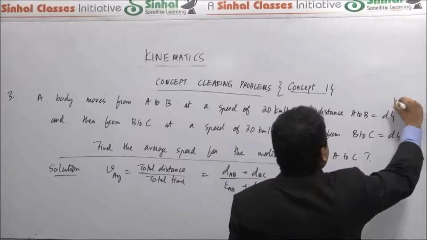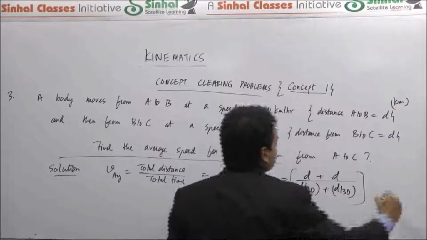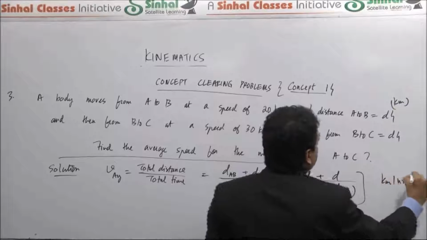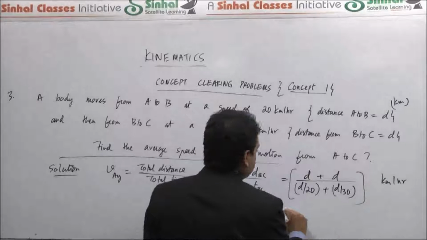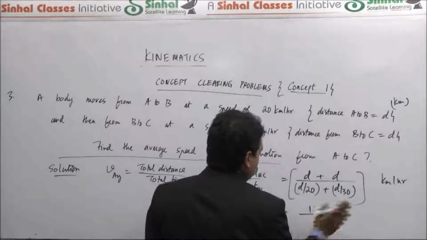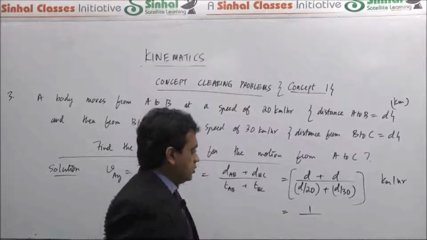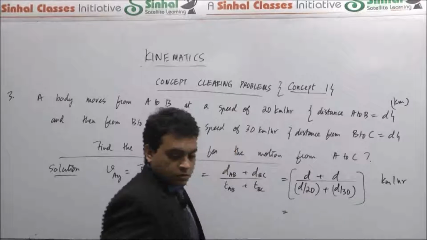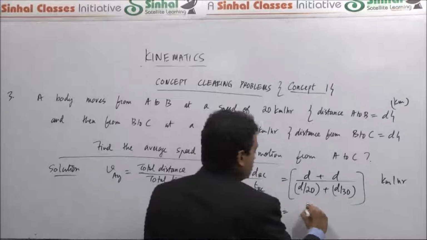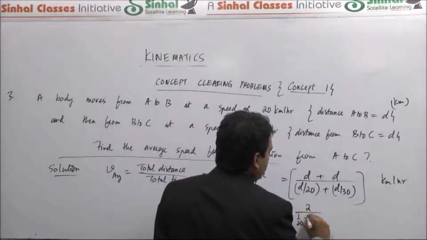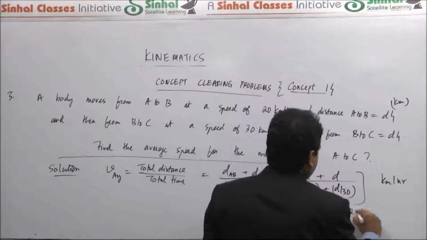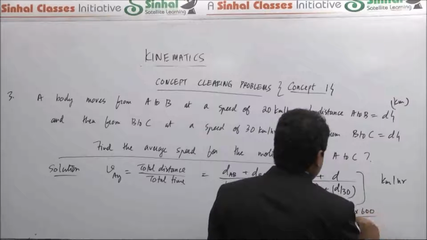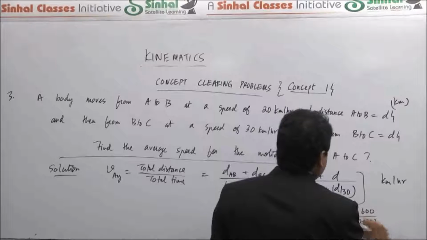Assuming that D is in kilometers, this will be in kilometers per hour. So you can see this will become 2 upon 1 by 20 plus 1 by 30, that is 2 into 600 divided by 20 plus 30.